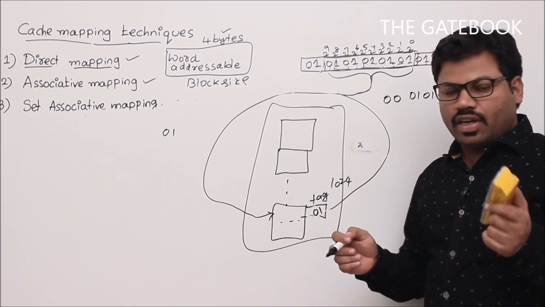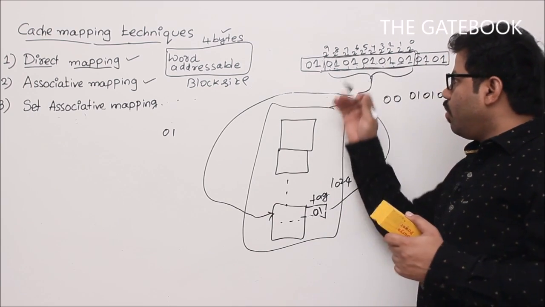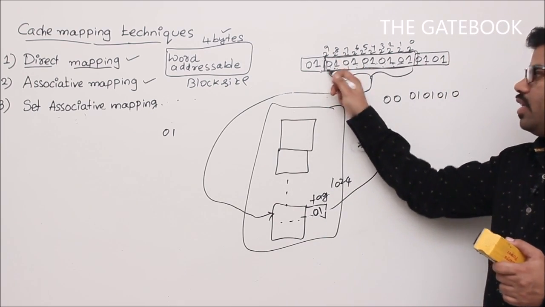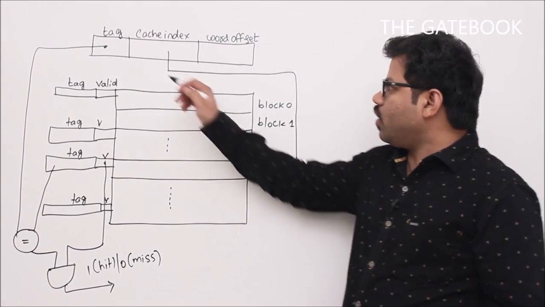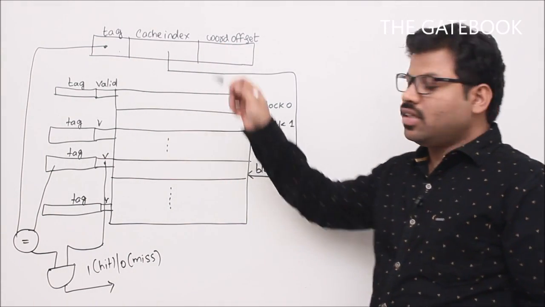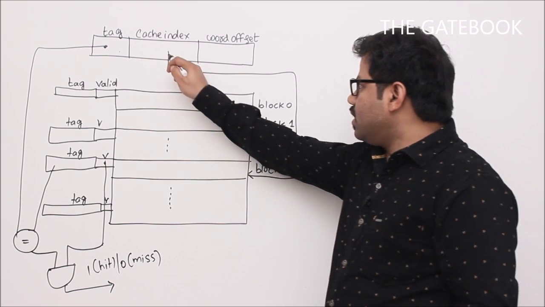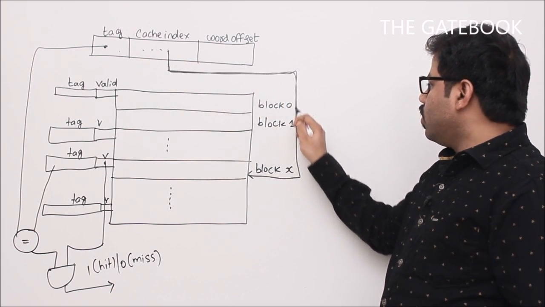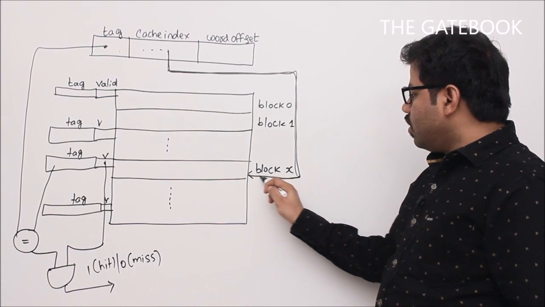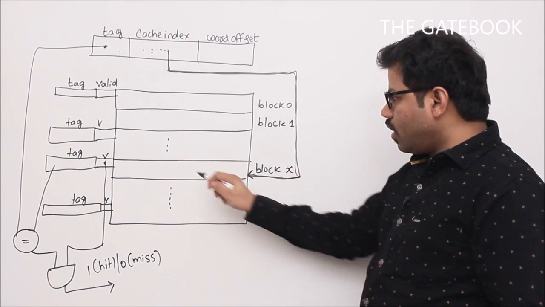Now we'll see the circuitry related to direct mapping, how this memory address will be properly analyzed. Whenever you reference any memory address, your processor first accesses the cache. First the cache index bits will be taken and connected to this cache. Using these cache index bits, we index to the right block.